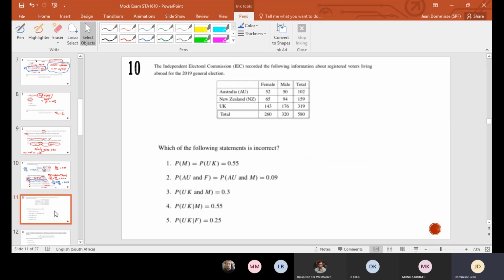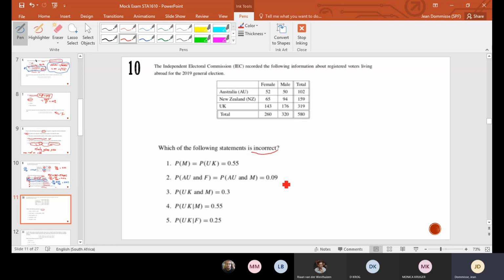Okay, so let's see what they are asking us in question 10. Still looking at the same data, they're asking which of the following statements is incorrect. I nearly wanted to say, is there anything that looks easy to eliminate? Which of the following statements is incorrect?